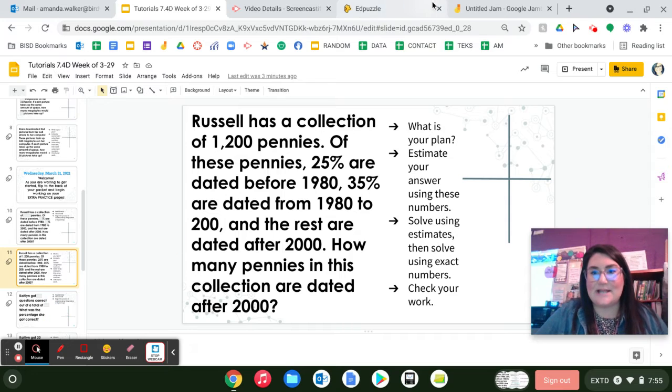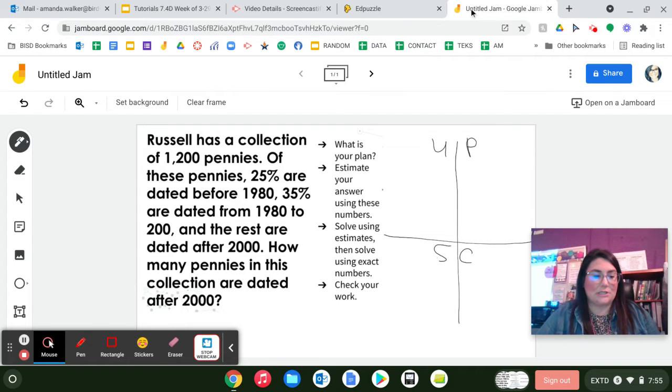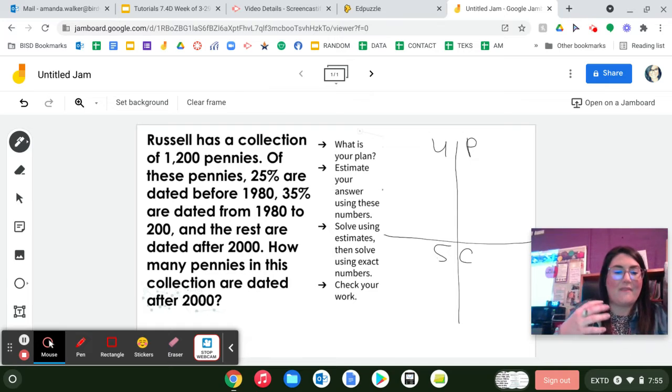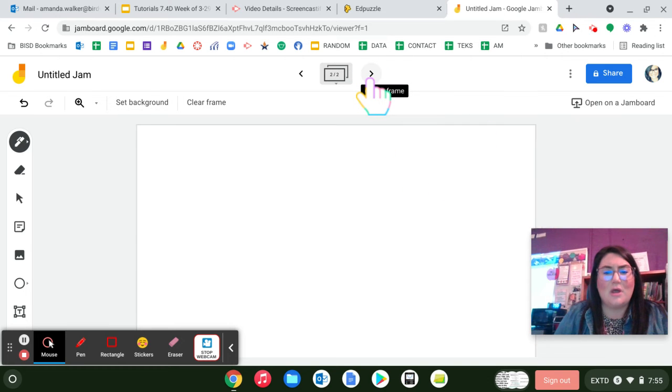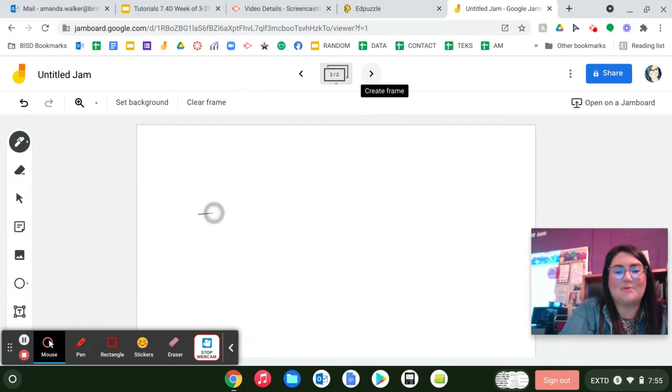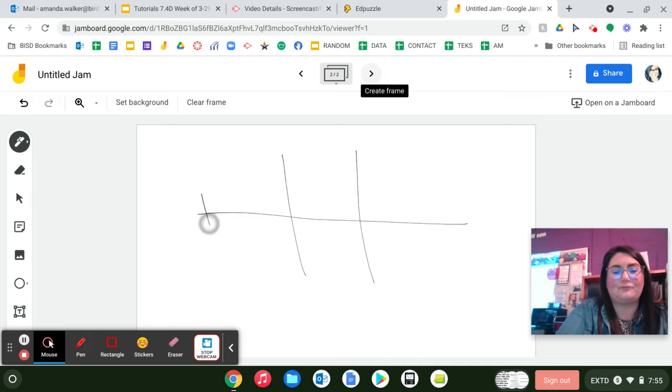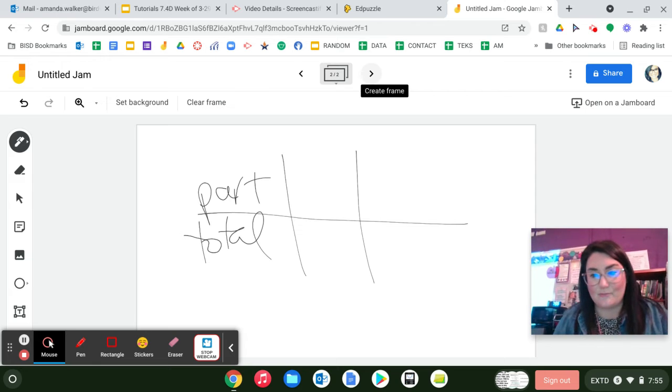All right, so what I did, I actually moved over our work to Jamboard so that I could write on it. If you have 1,200 pennies and you're trying to figure out what the amount would represent 25%, let's review what that would look like as a proportion. When we do percent proportions, we always use the phrases of part and total.